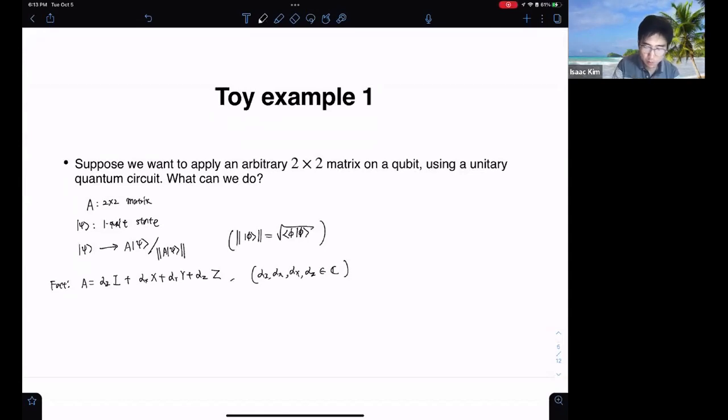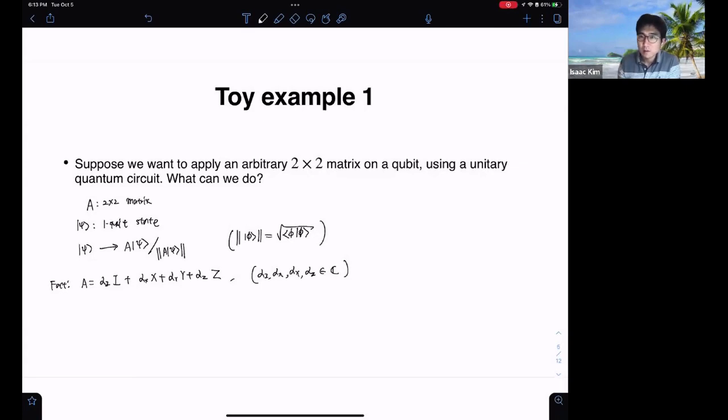We're going to introduce another register. In this lecture and throughout this course, I didn't really define what I mean by register. Whenever I say register, think of it as a collection of extra qubits. It's just some finite dimensional quantum system, and it could be 1 qubit, 2 qubits.